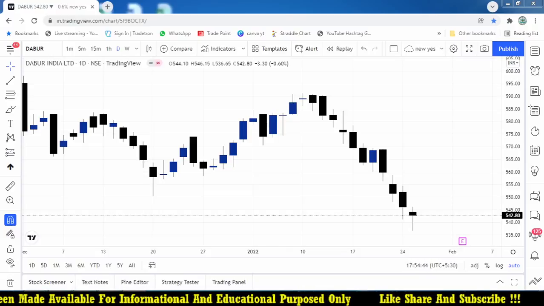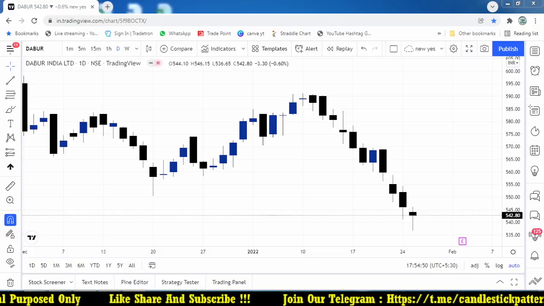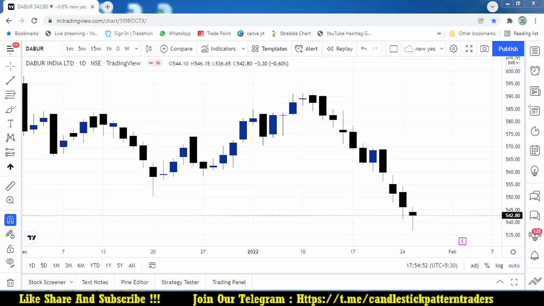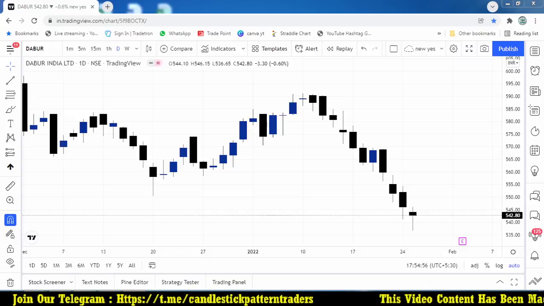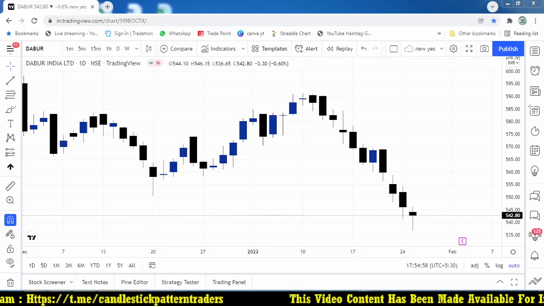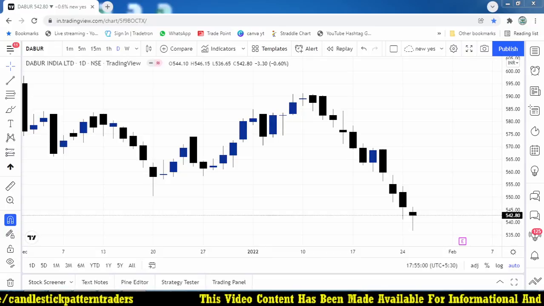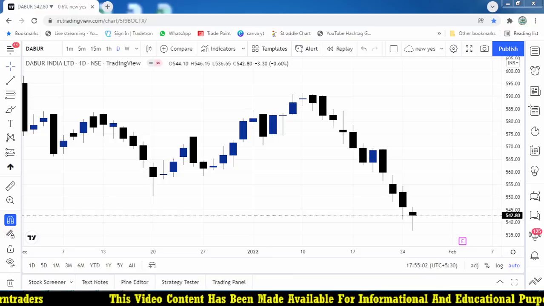The doji candle forms indecision, whether it is bullish or bearish, but we are using the daily high, weekly high or monthly high to find out a top or bottom reversal. Right. So here we are going to find a doji and then get the confirmation of the doji.